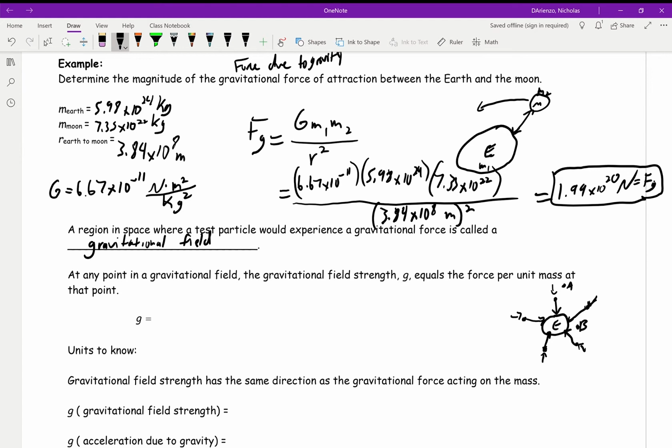So at any point in the gravitational field, strength, or G, which we've known as the acceleration due to gravity, equals the force per unit mass at that point. And it's represented by the equation Newton's second law.